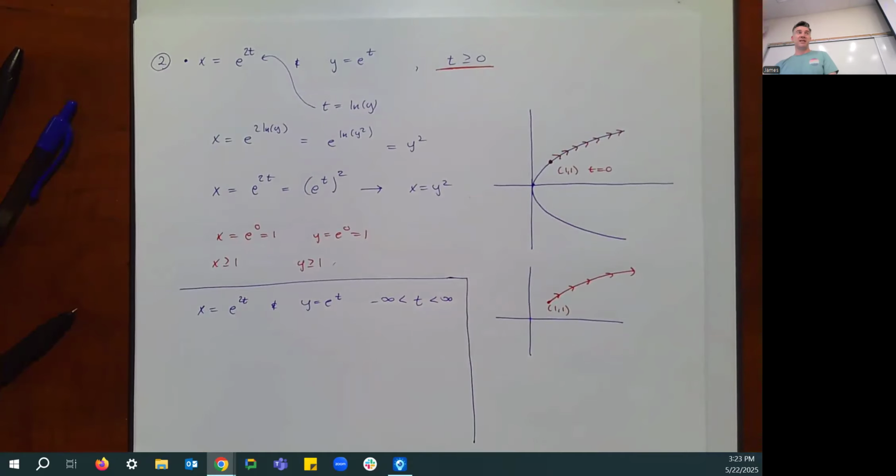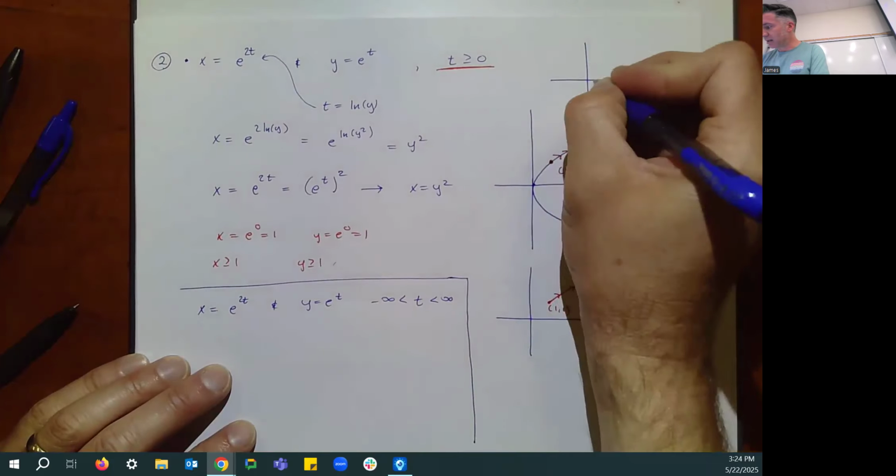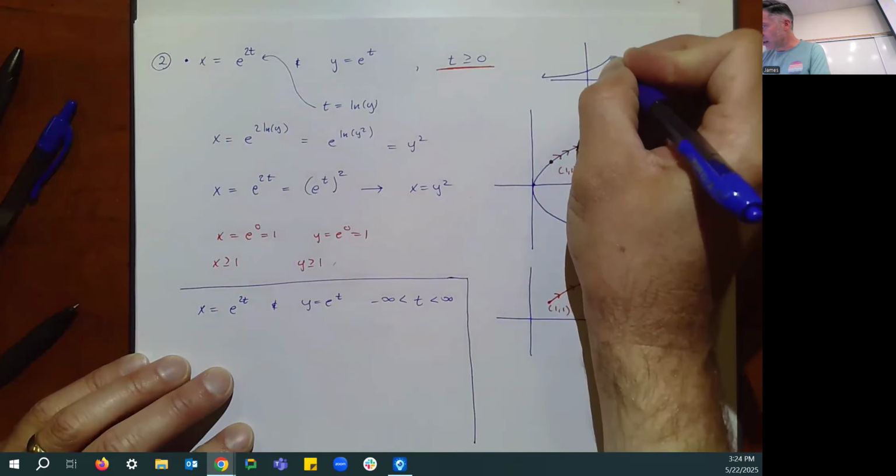Or what does e to the x get really close to as x gets really, really negative? Think about the graph of e to the x. If you go that way, we're getting closer and closer to the horizontal asymptote of y equal to 0. Right? Here's your graph of e to the x, or I guess e to the t.